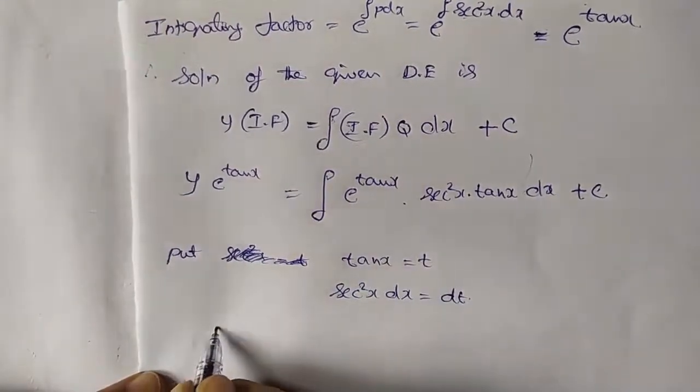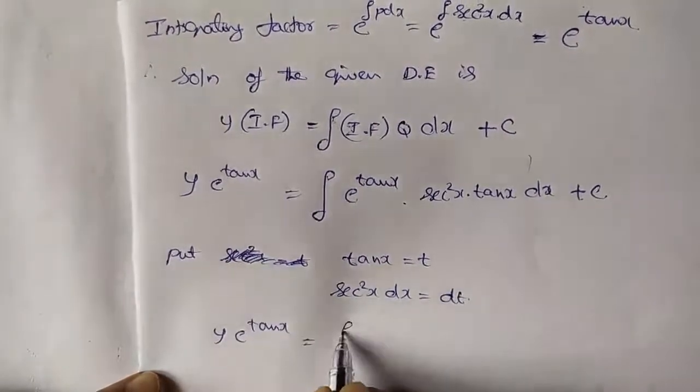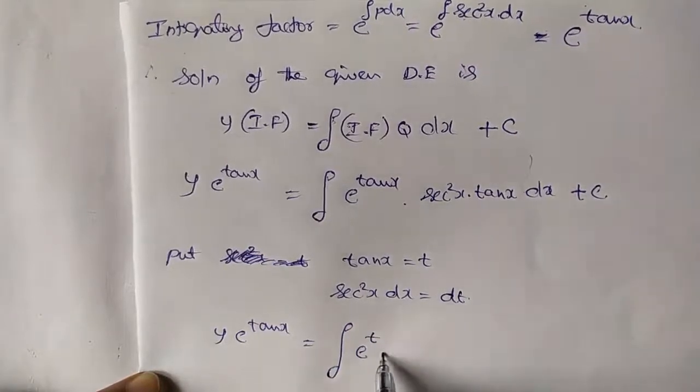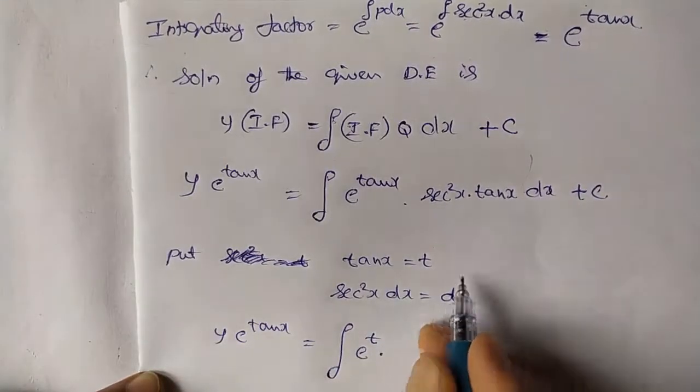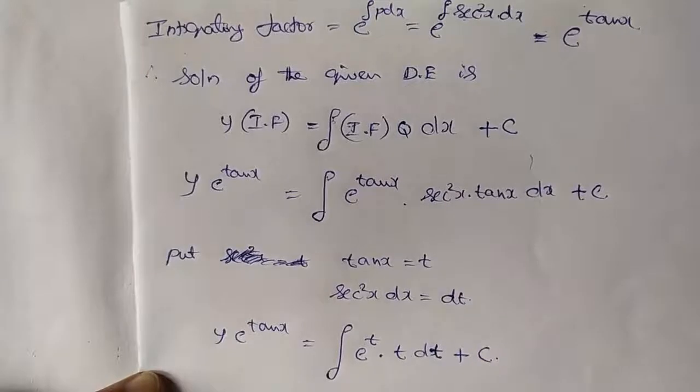What we will get? Y into e power tan x, keep it as it is, equals integration of e power tan x is e power t, into secant square x dx is dt, into tan x is t, dt plus c.